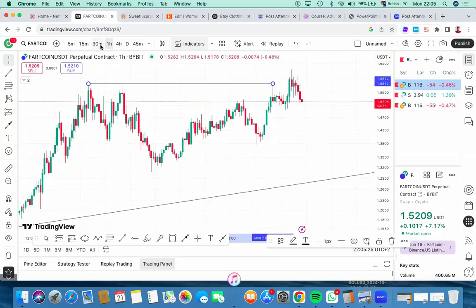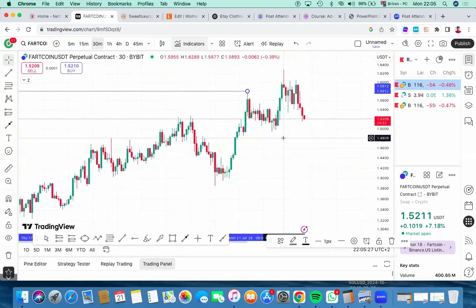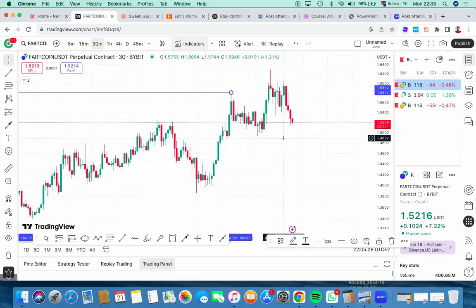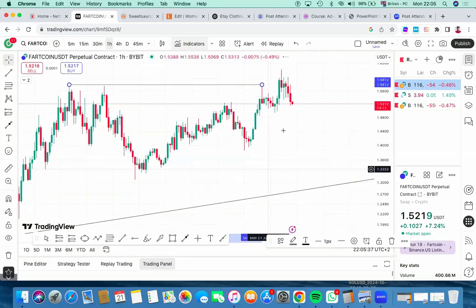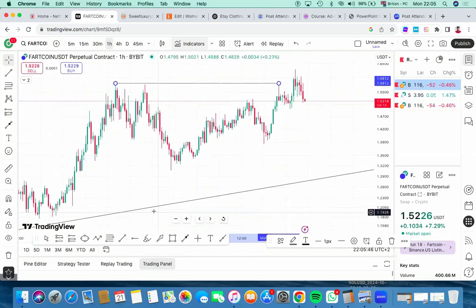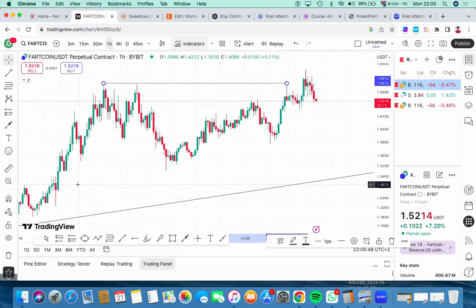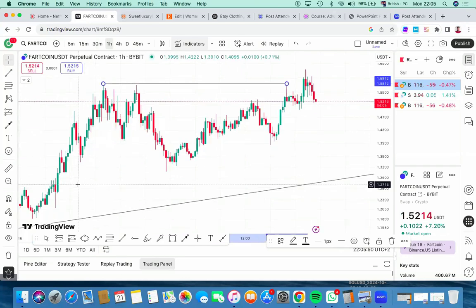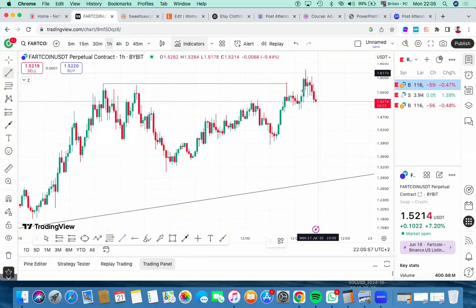Even though I dropped to the 30 minutes time frame, I want to look for my structure. My structure will be around here. We can easily see that there is a push on the downside. There are different blocks in this market, but the one that is actually creating the nicer fair value gap is here, and I'll mark that out for you to see.